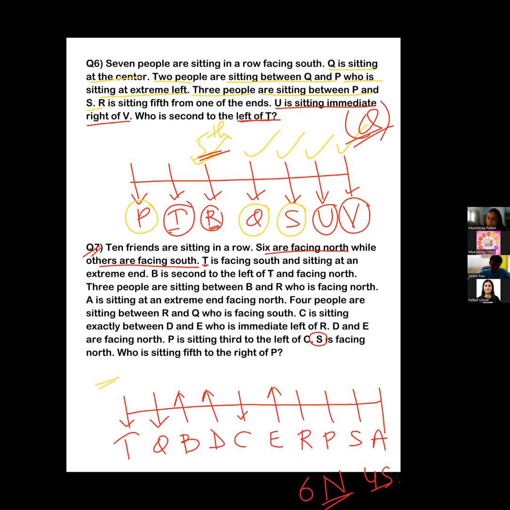Then S is facing north. And what about R and A? R is facing south. I think R's direction should come north. We'll just see. What about P? P is facing north.